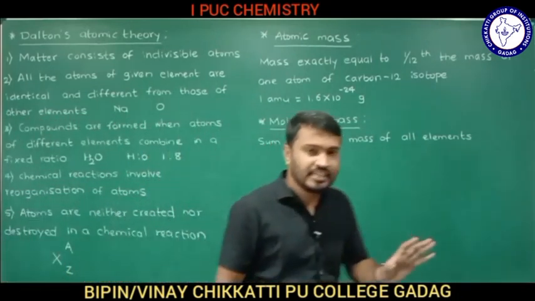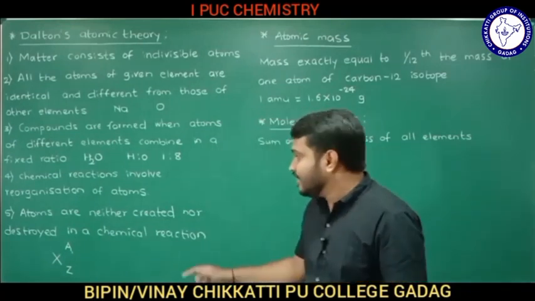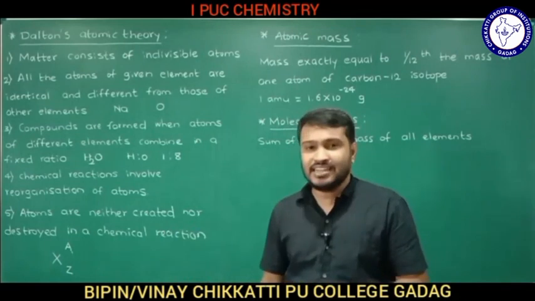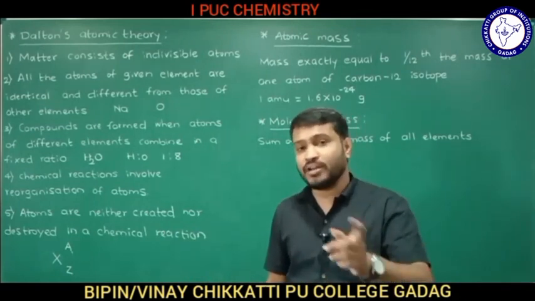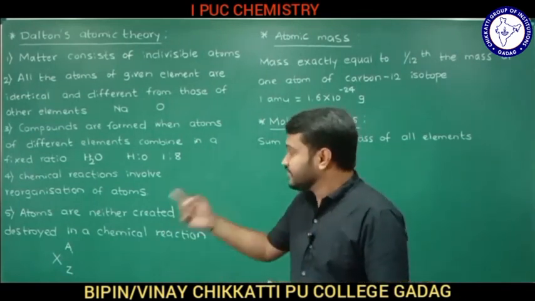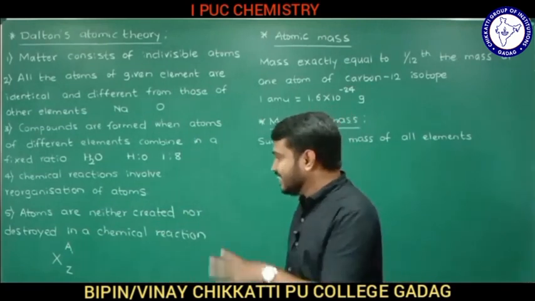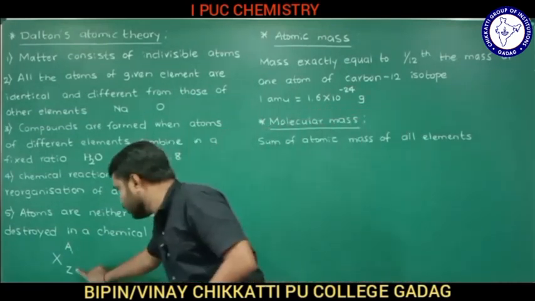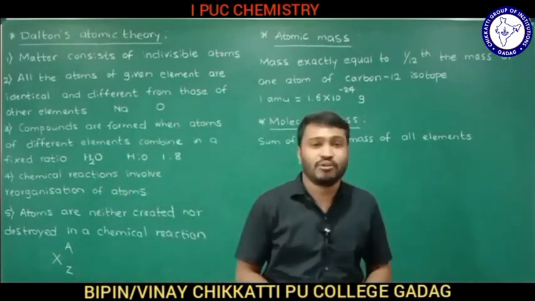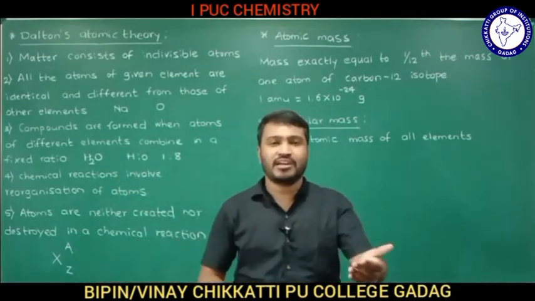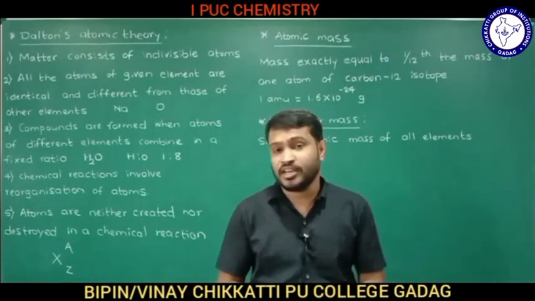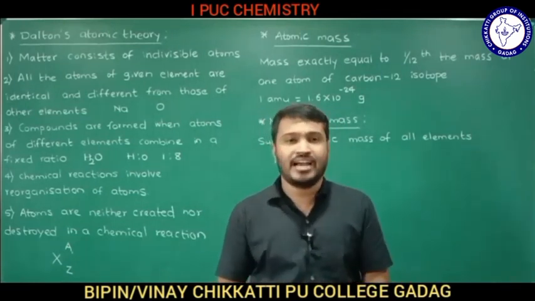X is the symbol of an element, and the subscript below is Z, and remember Z stands for atomic number, and the superscript above is A, that stands for atomic mass. So Z is atomic number and A is atomic mass. What is atomic number and what is atomic mass, we'll try to know, and later I am going to discuss atomic mass and molecular mass.